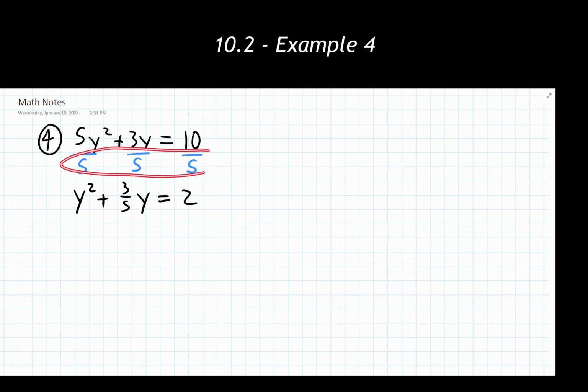Everything needs to be divided by that coefficient. There's no exception to it. A lot of people forget that. They only do this term and this term, and then this one gets left out and we get wrong answers showing up. So everything divides by 5.